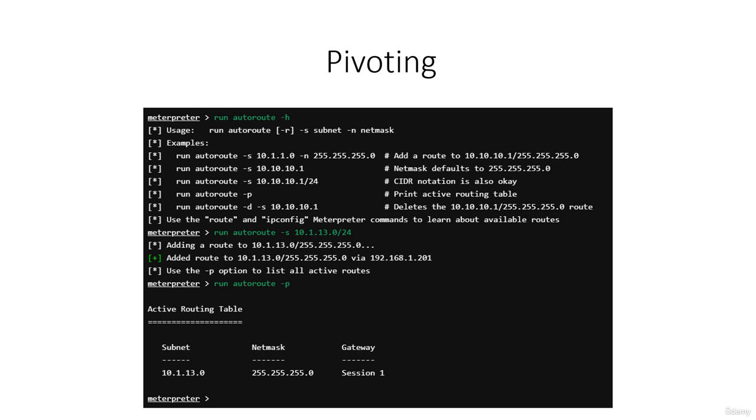Now that we have added our additional route, what you have to do now is run autoroute -h. Use route and ipconfig commands to learn available routes. As you can see, -p will give you the active routing table, and this is what is currently available.